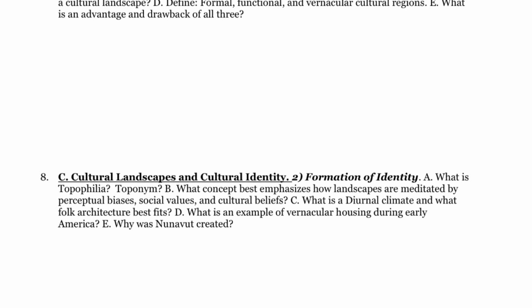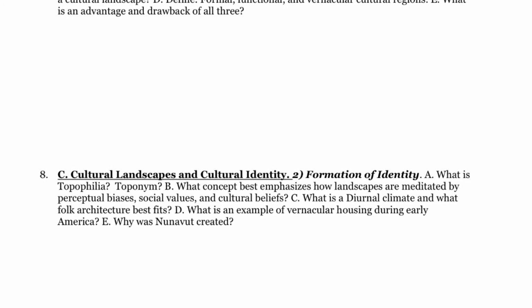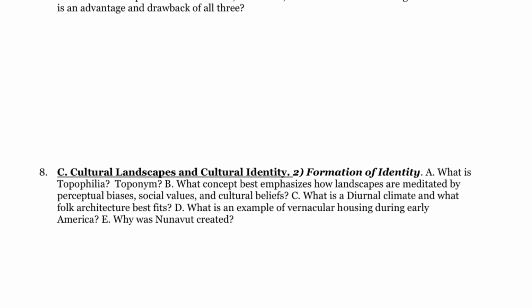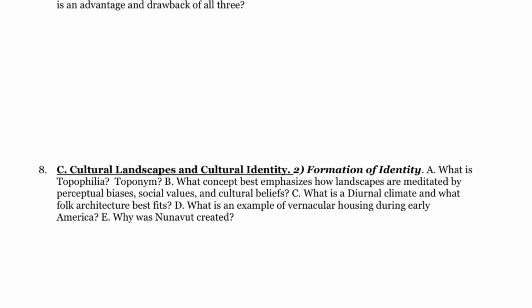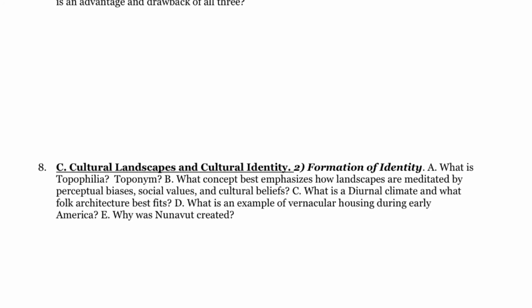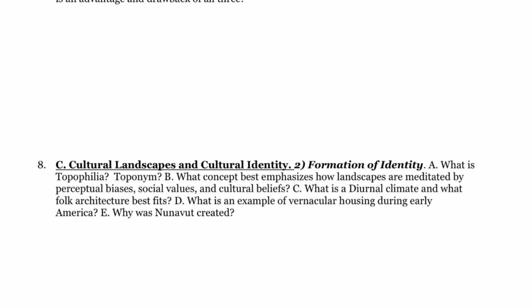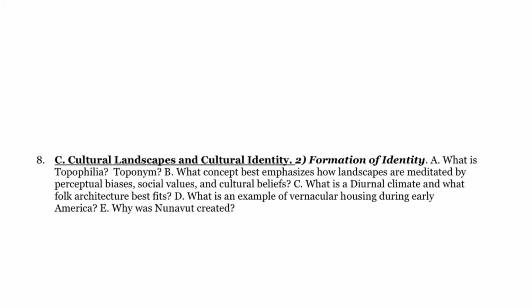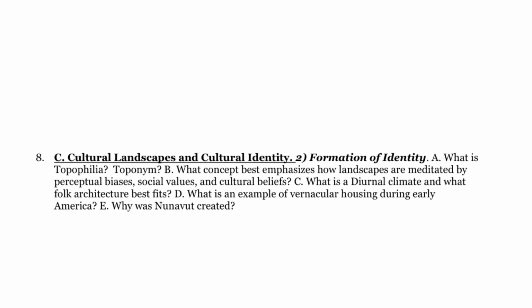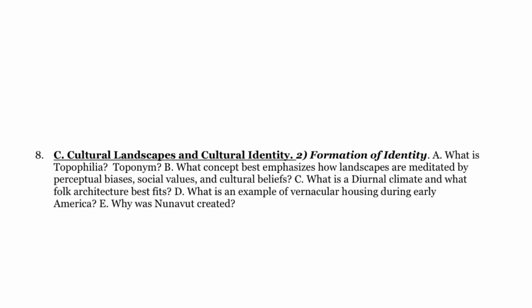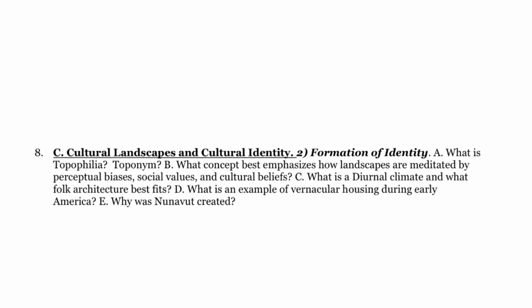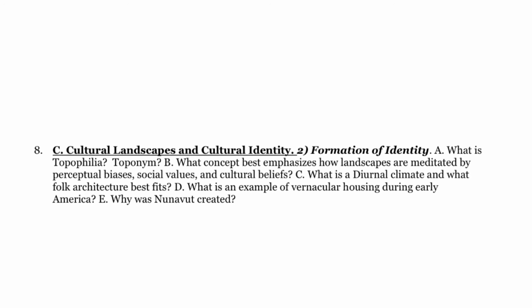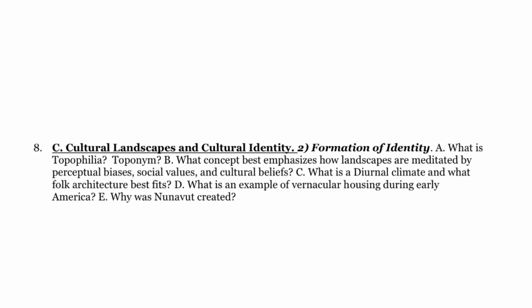B, what concept best emphasizes how landscapes are mediated by perceptual biases, social values, and cultural beliefs? In other words, you're looking at how people on their mental map can think about a place based on their biases, social values, and cultural beliefs. This is a very subjective look, but I want to make sure you understand it.